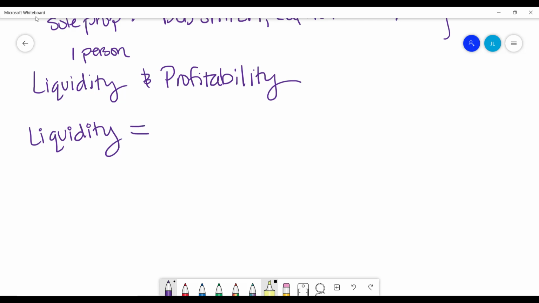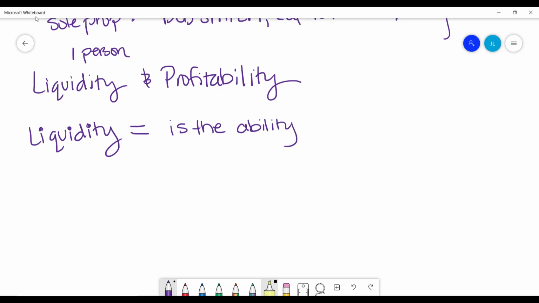Not quite. Okay. When we talk about something being liquid or not in accounting, it refers to something entirely different. If we're talking about a business's liquidity, that refers to the business's ability to pay its debts as they come due.